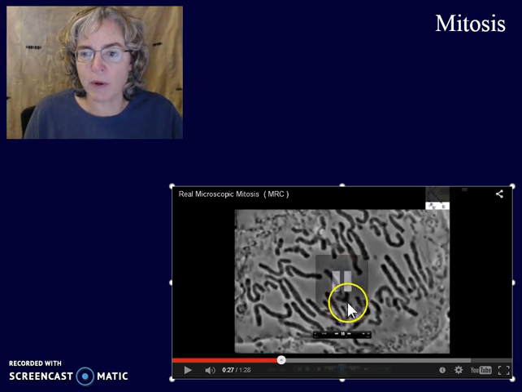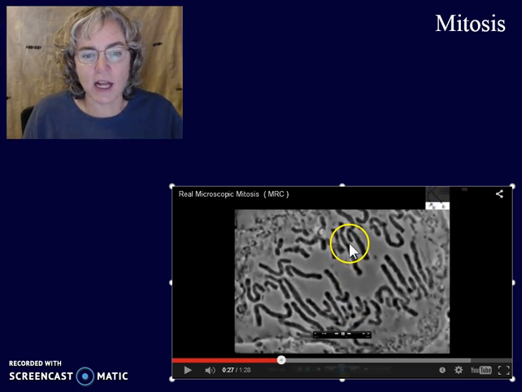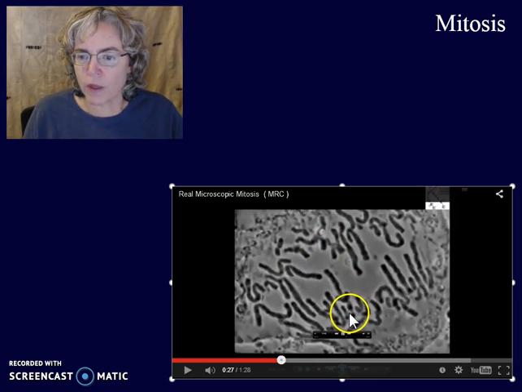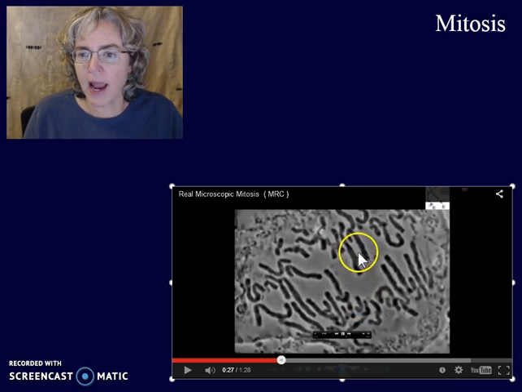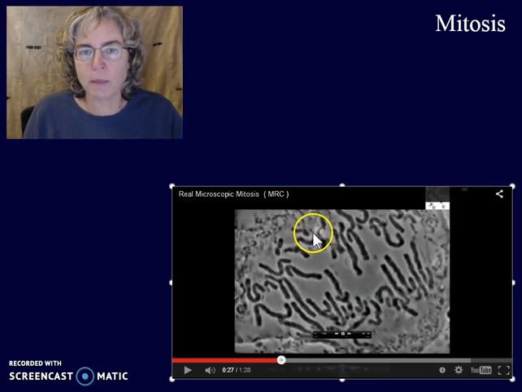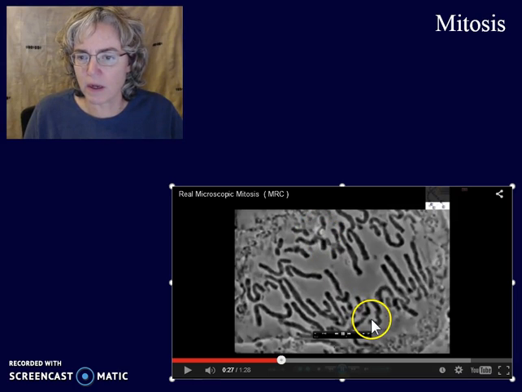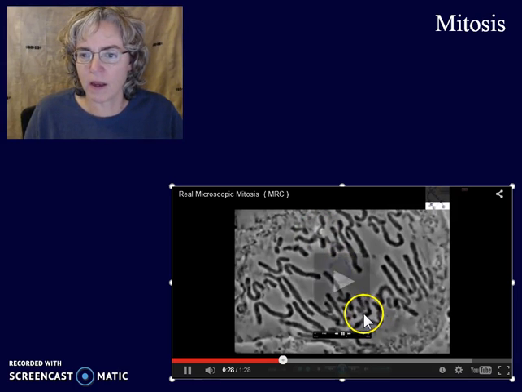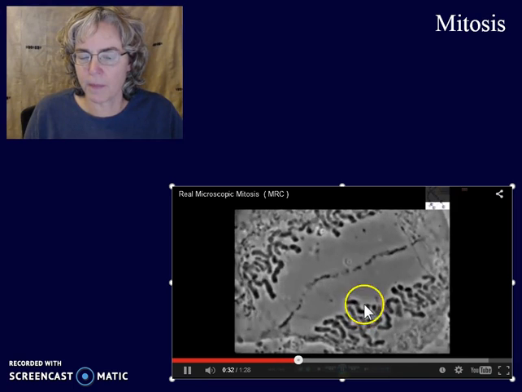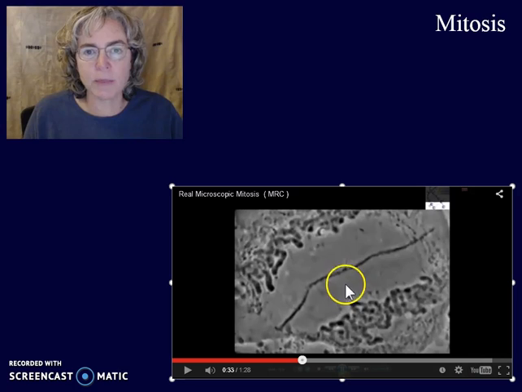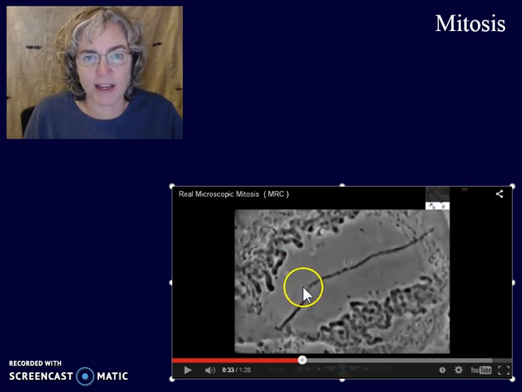And this is typical of a cell in anaphase. So the sister chromatids have now separated, and they're going to opposite poles. And this is a typical cell in telophase.